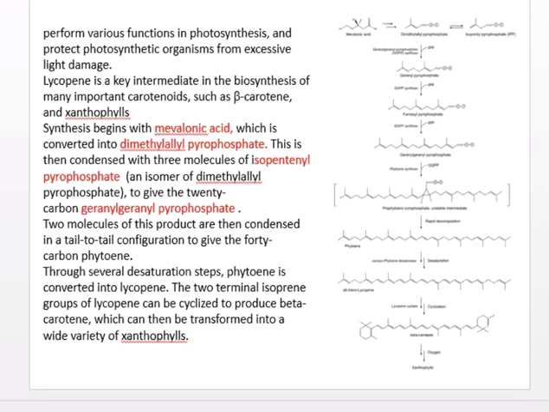Lycopene is a key intermediate in the biosynthesis of many organic compounds, carotenoids such as beta carotene and xanthophyll. Synthesis starts with mevalonic acid, which is converted into dimethylallyl pyrophosphate. This is condensed with three molecules of isopentenyl pyrophosphate to give geranylgeranyl pyrophosphate.